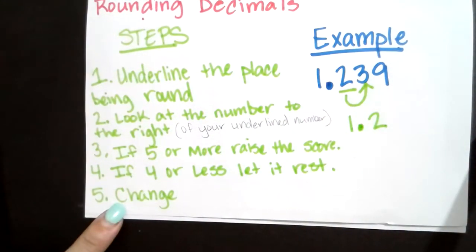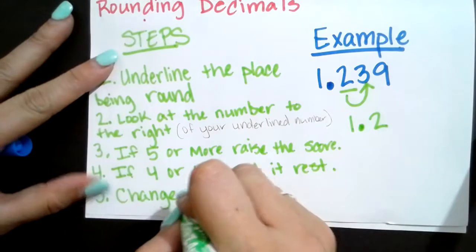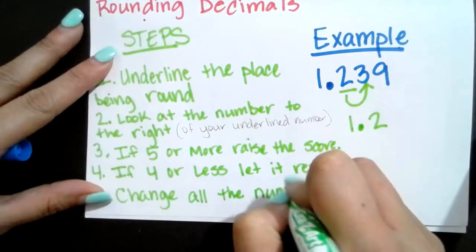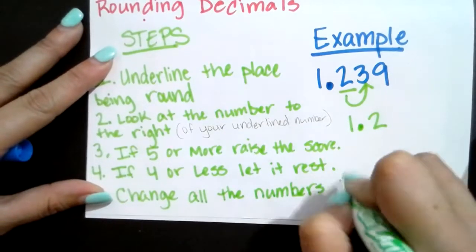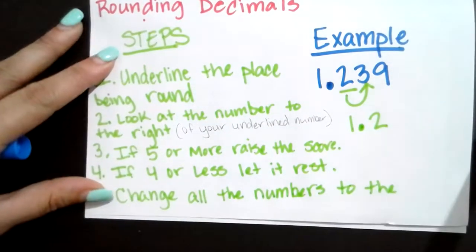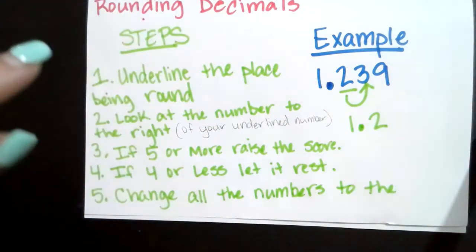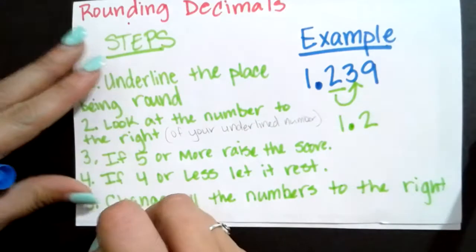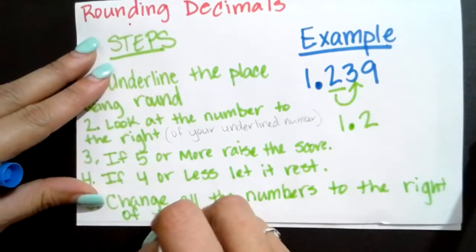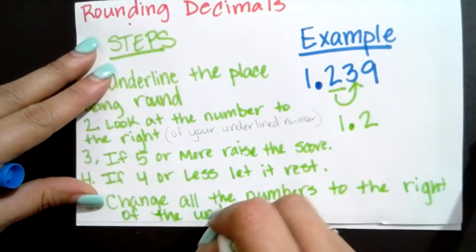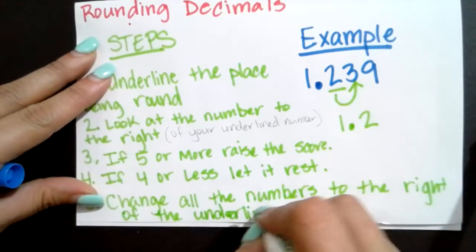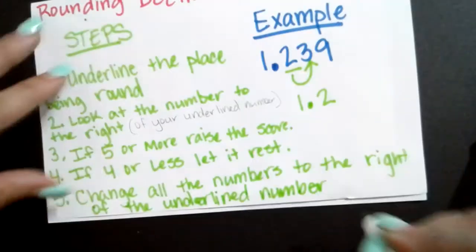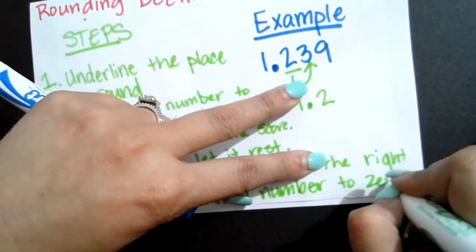And then step 5 is change all the numbers to the right of the underlined number to zeros.